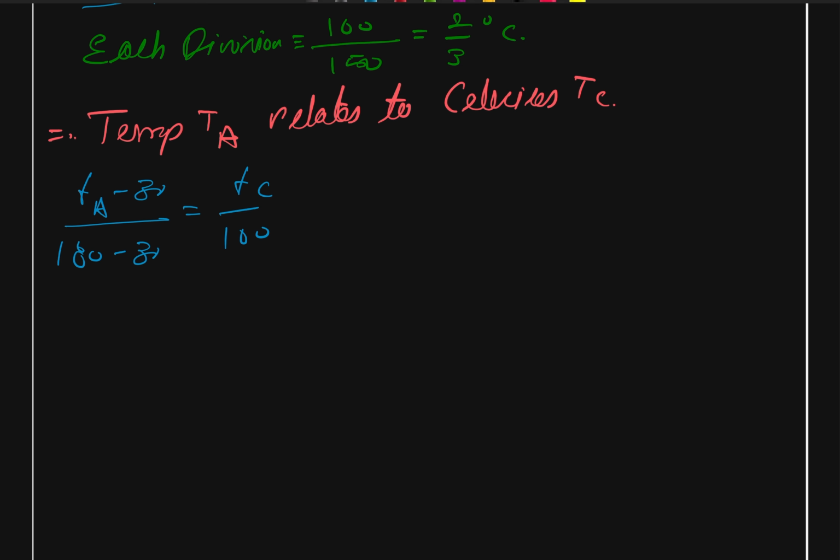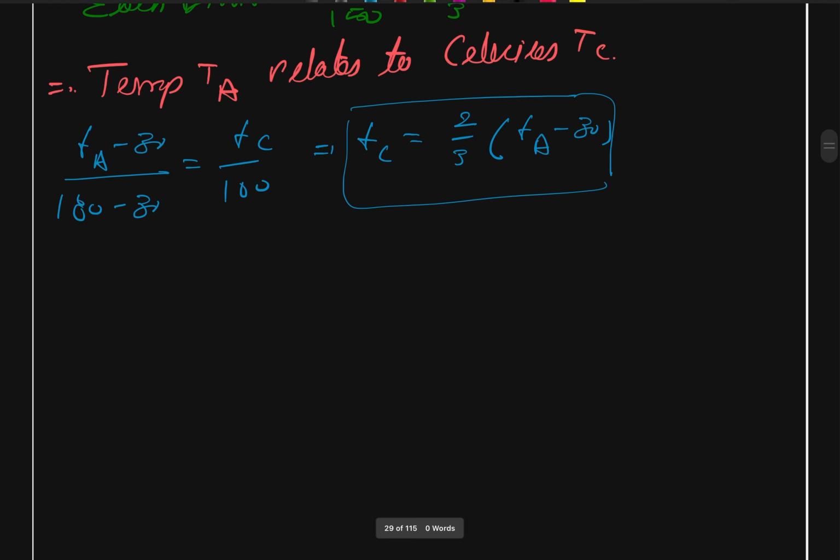And from here we get that our Tc will be equal to 2/3 TA minus 30, and this is for scale A.